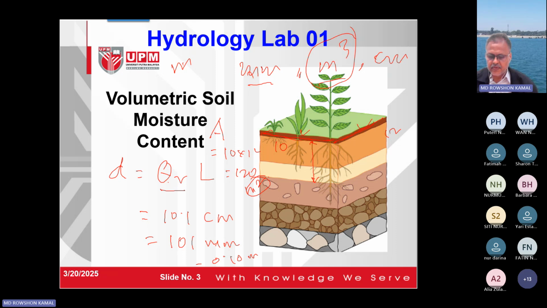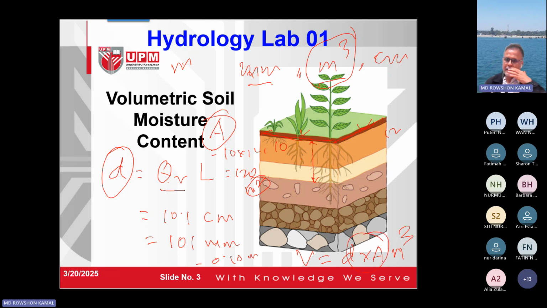If you want to make the volume of water now, volume equals d multiply area. So this is the volume, meaning that in this area we have this amount of water. That's why the volumetric moisture content is easier and very applicable.